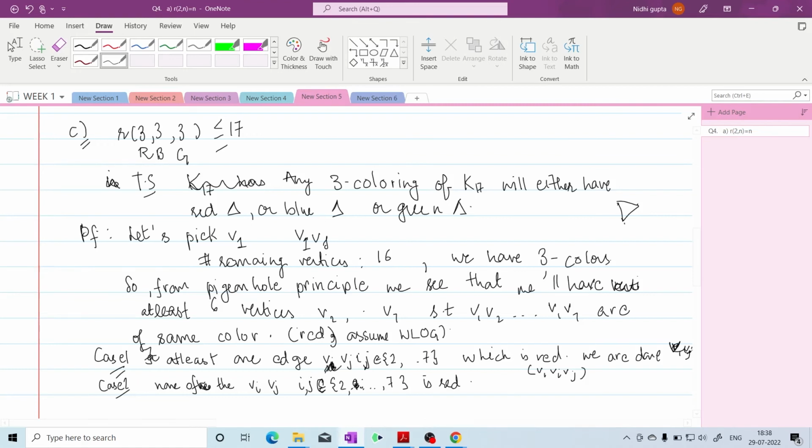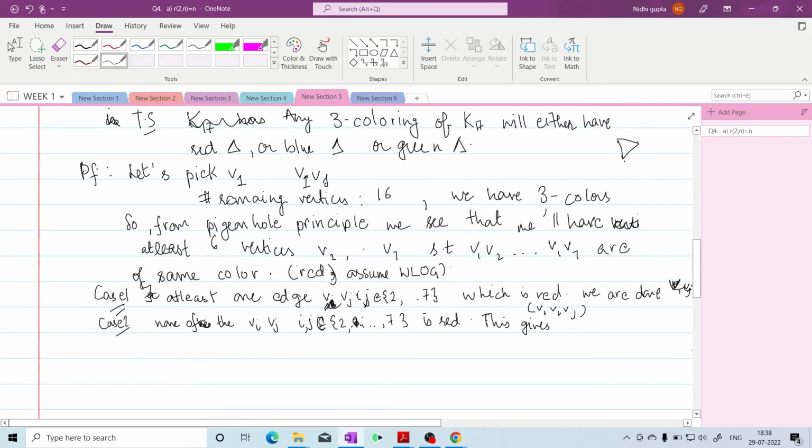Therefore this gives a K6 on vertices V2 till V7 colored with the other two colors.